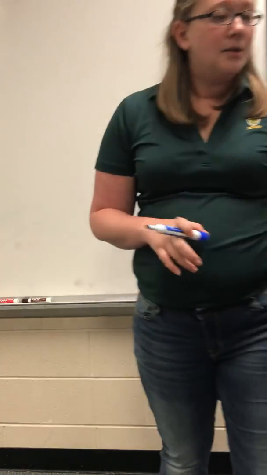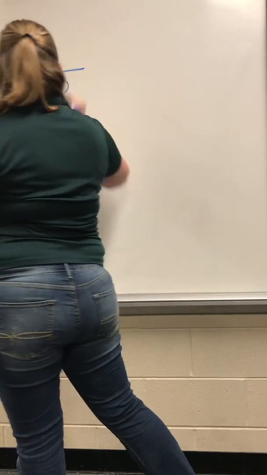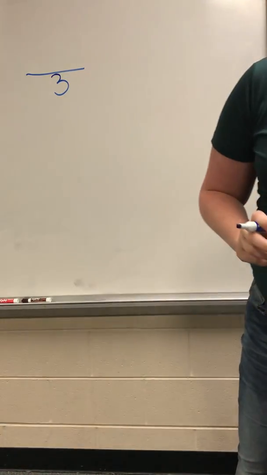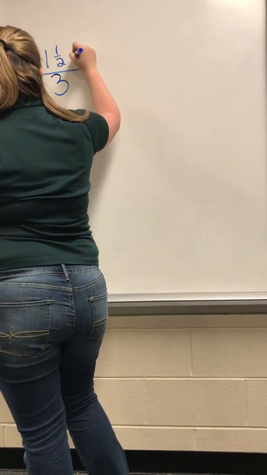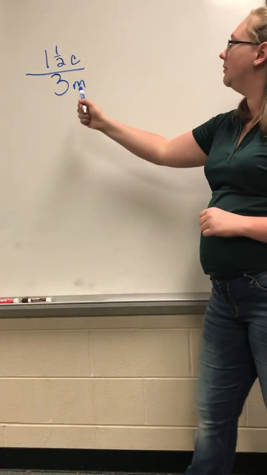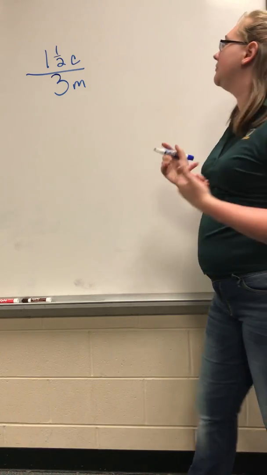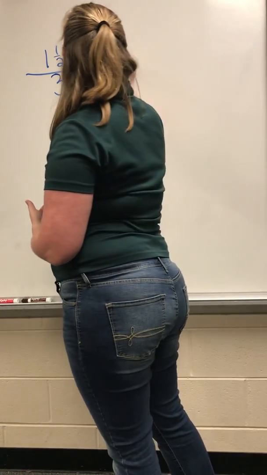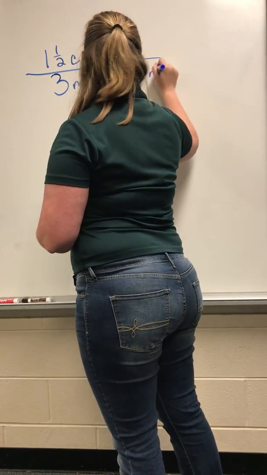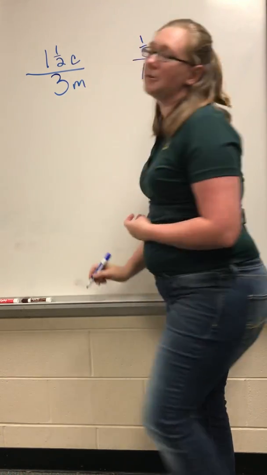Let's use 3, okay? So in 3 packages of mix, they're saying that we use 1.5 cups of sugar. I should be able to find, for one mix, this should be a half cup of sugar.